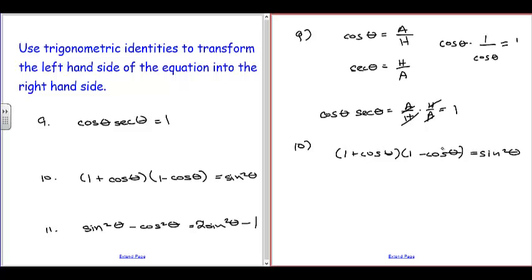So what we do is use FOIL here, and you'd see the inner and outer terms cancel out because you've got minus cosine theta plus cosine theta. So you get 1 minus cosine squared theta equals sine squared theta.